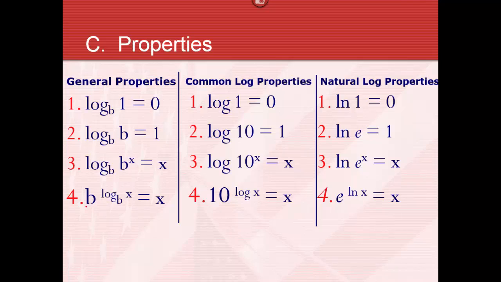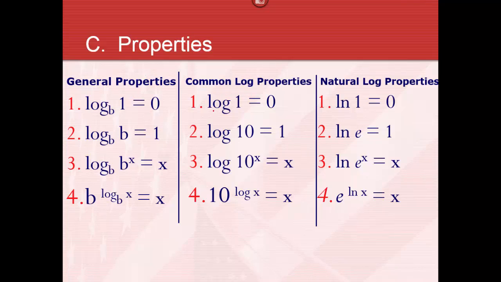When I have the base b and I'm raising it to a log base b, then I'm doing an inverse function. So therefore b raised to the log base b of x is then just equal to x. Your common log properties are the same as your general properties.